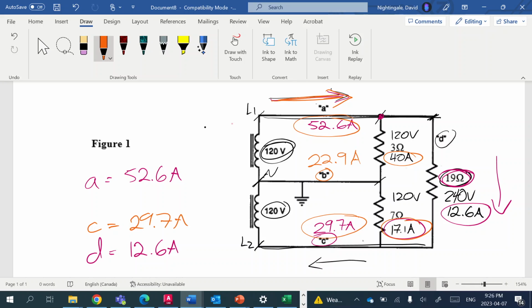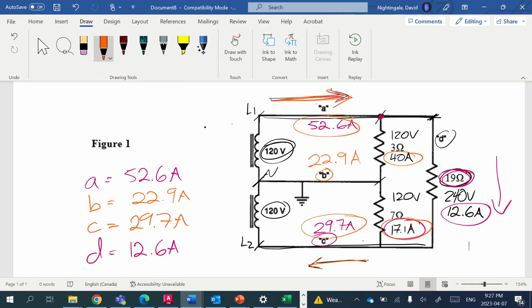So ideally, through neutral, you got no current, but in this particular case, we got 22.9 amps, a very unbalanced type circuit. Now, one last thing to mention is we need to know the direction of the current flow. It's a good idea to know the direction of the current flowing through the neutral at any given point. So we've got 52.6 amps leaving, 29.7 amps returning.